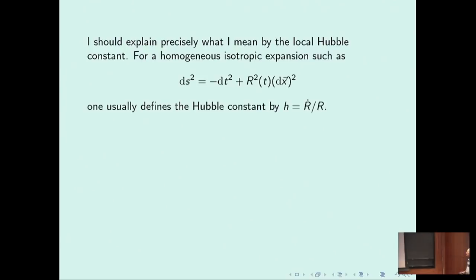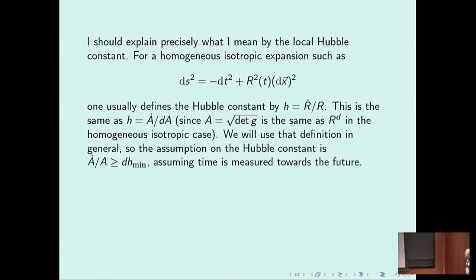I should define precisely the local Hubble constant. For a homogeneous isotropic expansion, like the usual one, where I've avoided spatial curvature for simplicity, partly because it was unimportant in the past, you usually define the Hubble constant by r dot over r. That's the same as a dot over a times d, where a is the determinant of the spatial metric, which is the same as r to the d in this case.